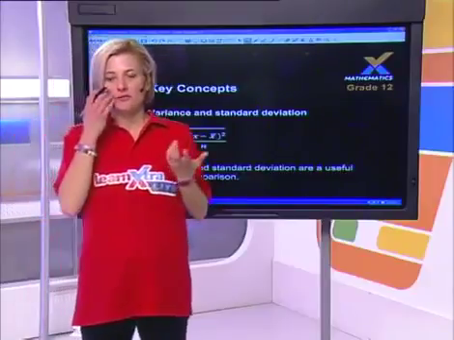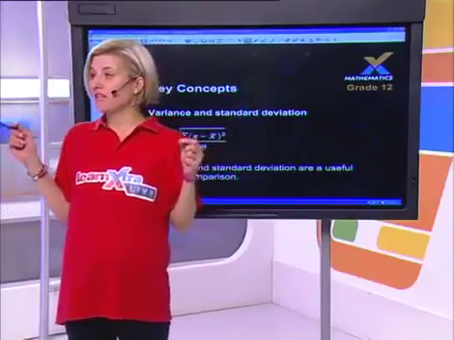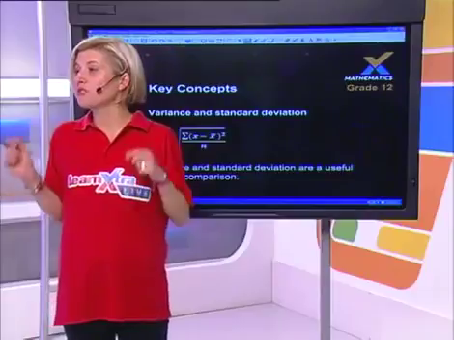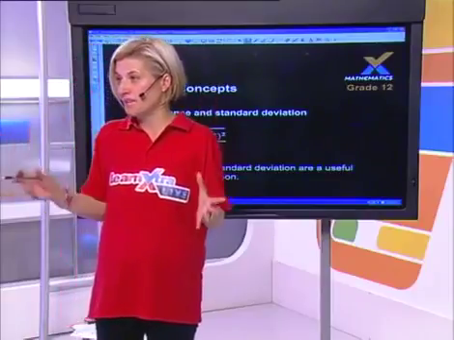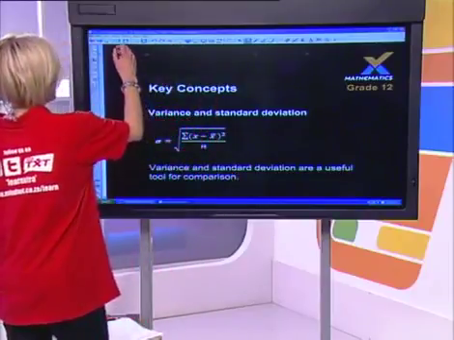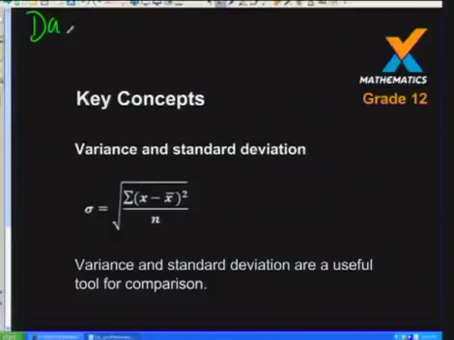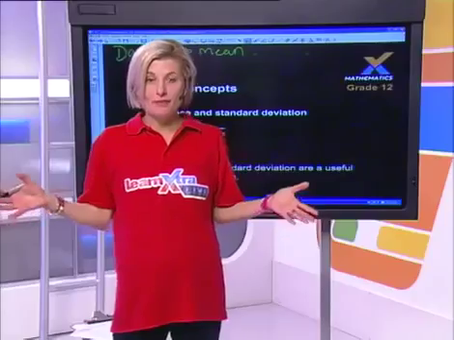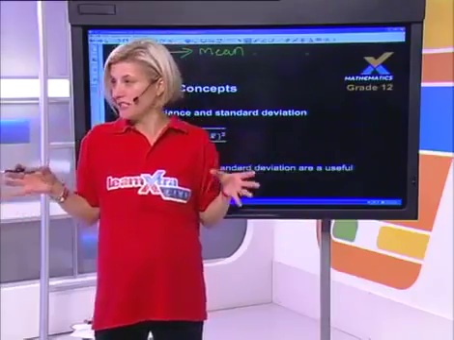So what you will do to figure out how many pieces of data fall within one standard deviation of the mean is you'll have your data, and the first thing that you will calculate is your mean. How do we calculate the mean? We take all the data values, we add them together, and we divide by how many pieces of data.